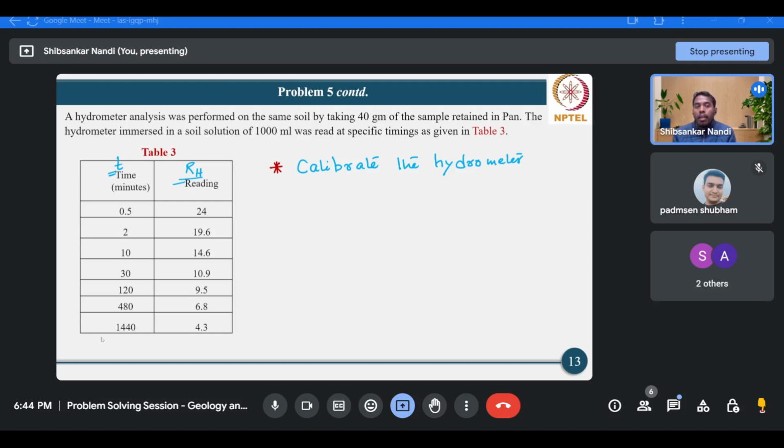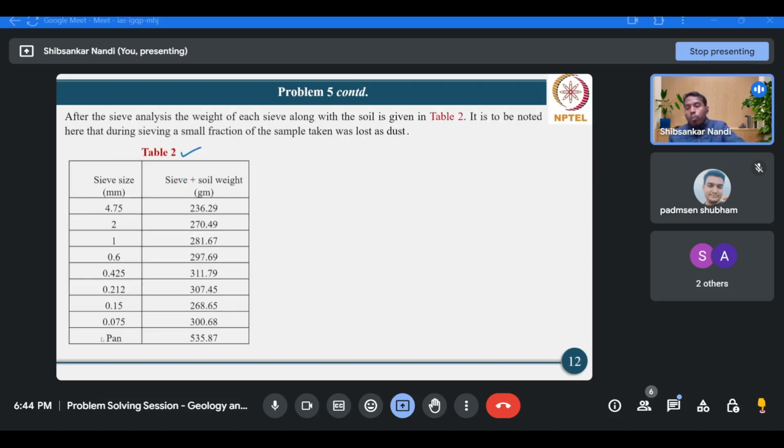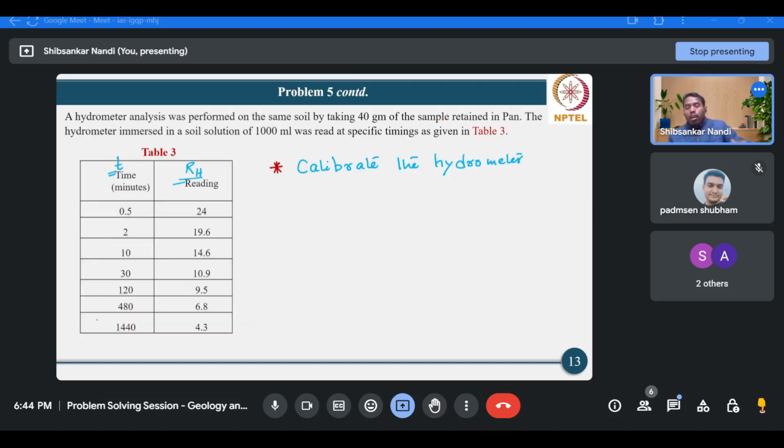Retained in pan indicates the portion which is finer than 0.075 mm. On this 40 gram of soil sample we have performed the hydrometer analysis, and the data taken from this test are given in table 3.